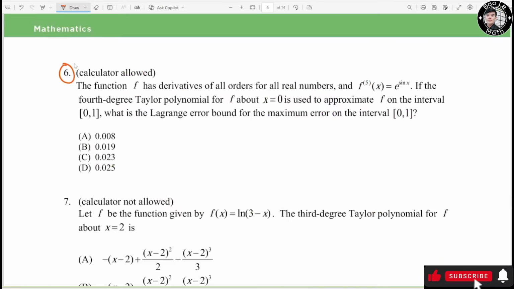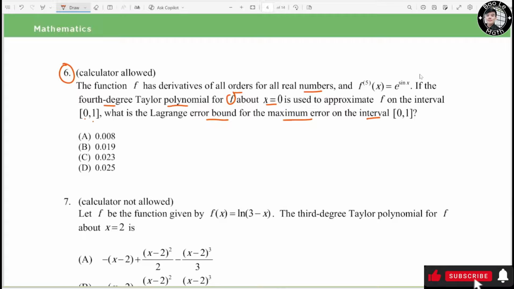Now, let's move on to question 6. The function f has derivatives of all orders for all real numbers, and the fifth derivative of the function f is e to the psi s. If the 4th-degree Taylor polynomial for the function f about s equals 0 is used to approximate the function f on the interval 0 to 1, what is the Lagrange error bound for the maximum error on the interval 0 to 1?